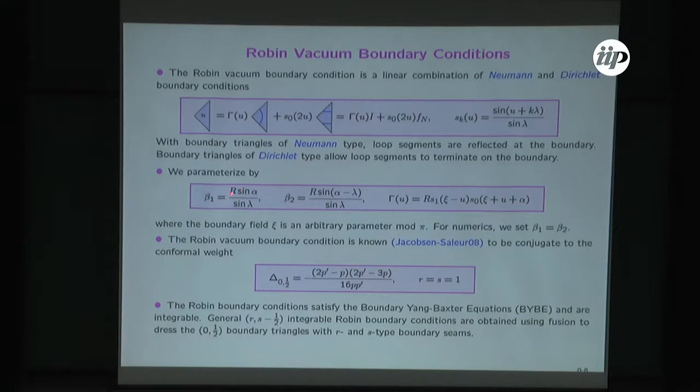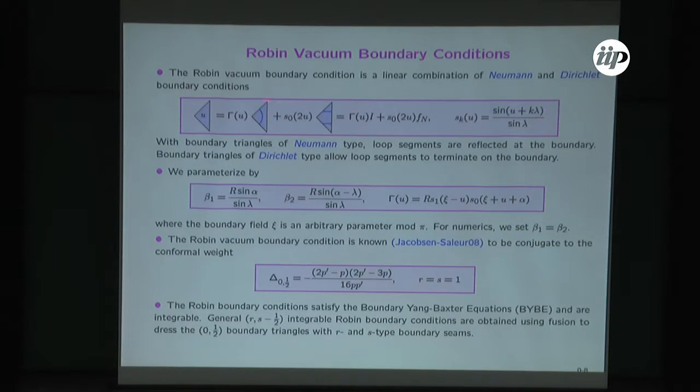R is just a constant, and you see everything is written in terms of trigonometric functions, in terms of u and xi. Xi is a free parameter that lives on the boundary. It's a boundary field. You can think of it as a generalization of a boundary magnetic field. So that's a boundary parameter. In addition, there's a parameter alpha. Again, for numerics, we'll always set beta 1 equal to beta 2, just for convenience.